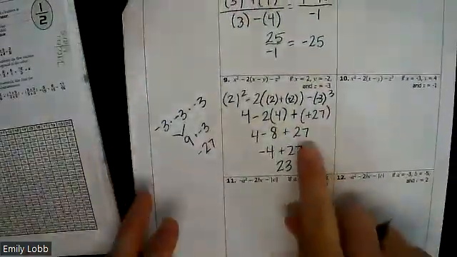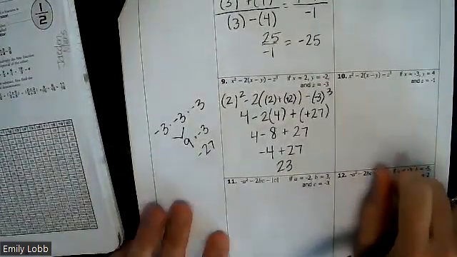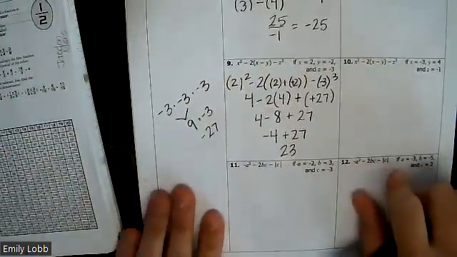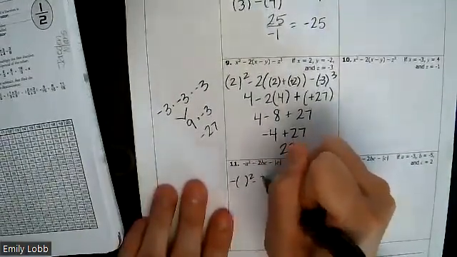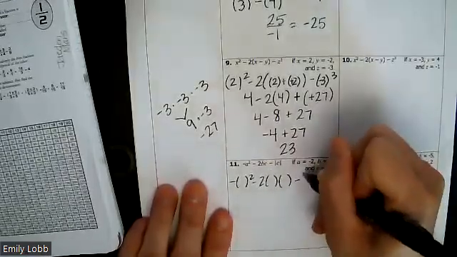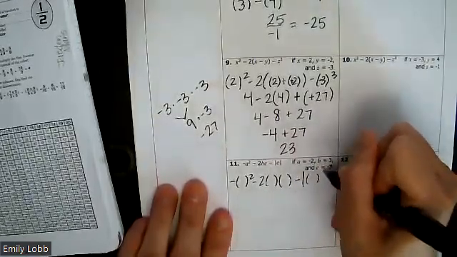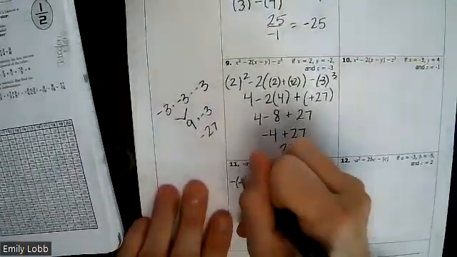All right, so you're going to do that same one, but with different numbers. So watch for the tricks. 11. No, not quite. Rewriting. Remember, don't stop. Start with rewriting the problem. So A is negative 2.